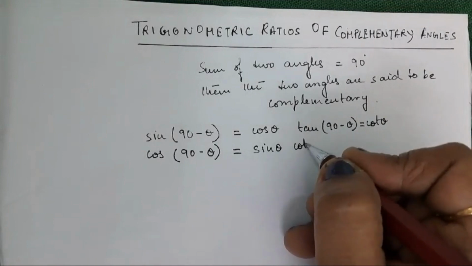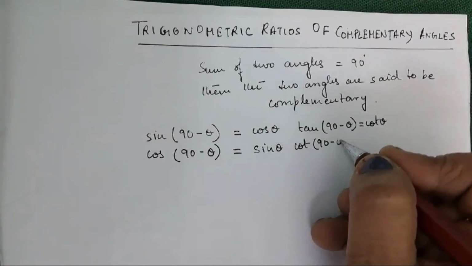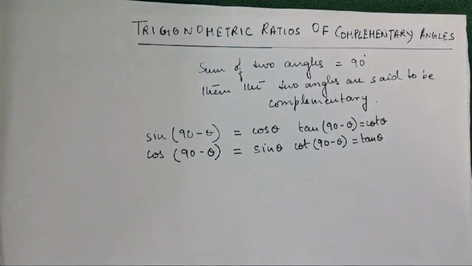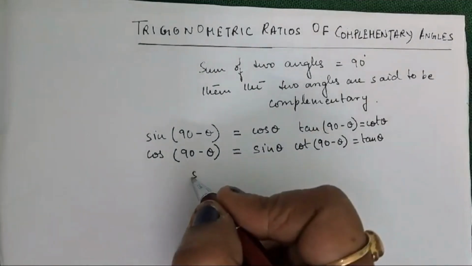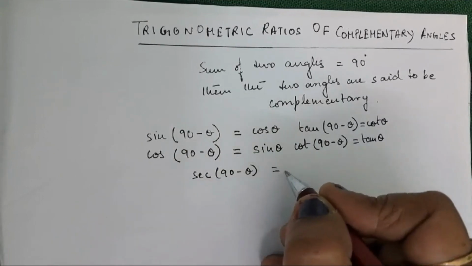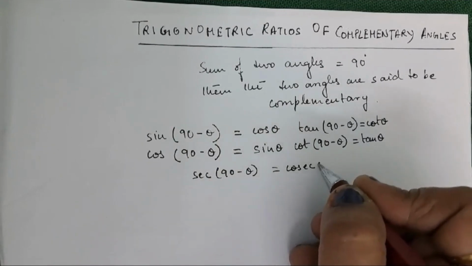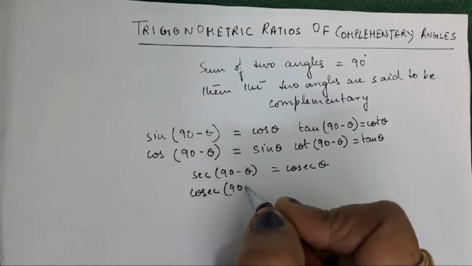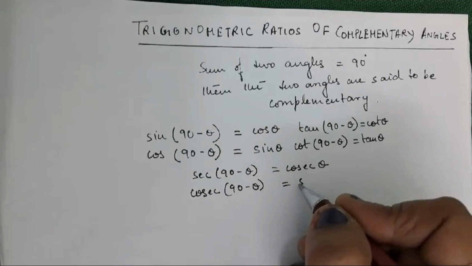And if it is cot 90 minus theta, then it becomes tan theta. If it is sec 90 minus theta, then we write it as cosec theta, and cosec 90 minus theta is sec theta.